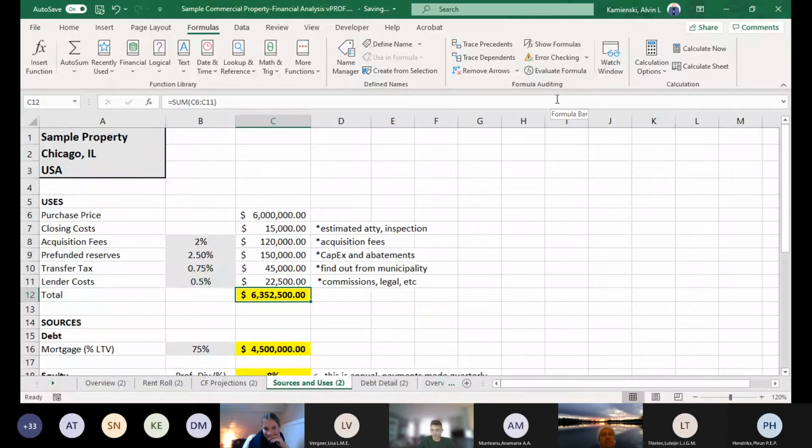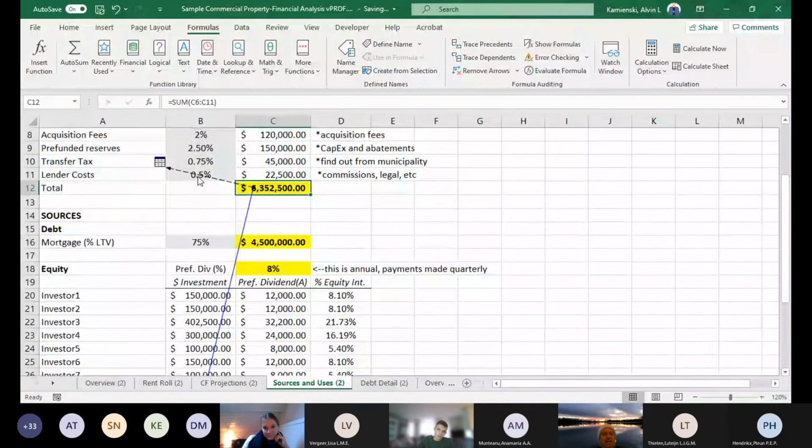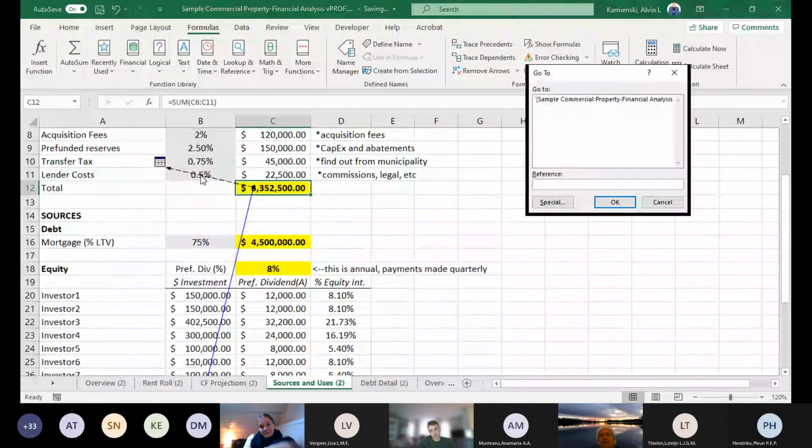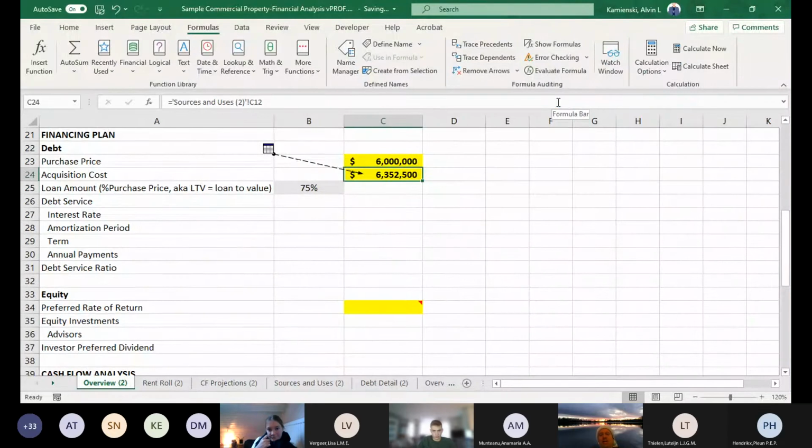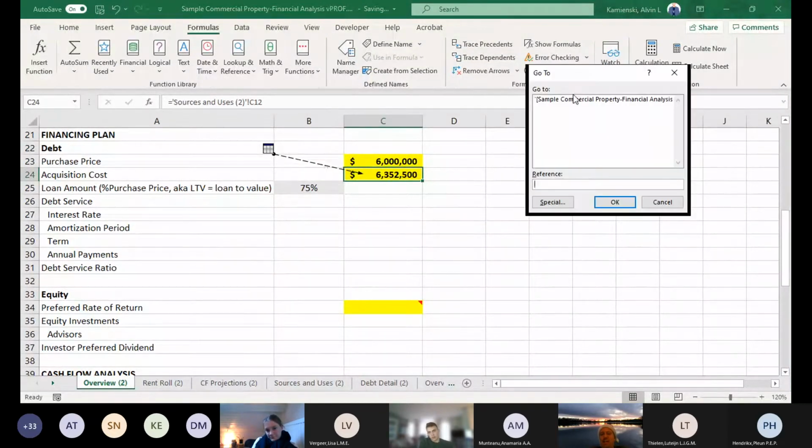It's coming from sources and uses C12. And this one has a dependent. So if I trace the dependent, it will say, where did this come from? I can jump back to where it came from, and now I know how things are tied together.